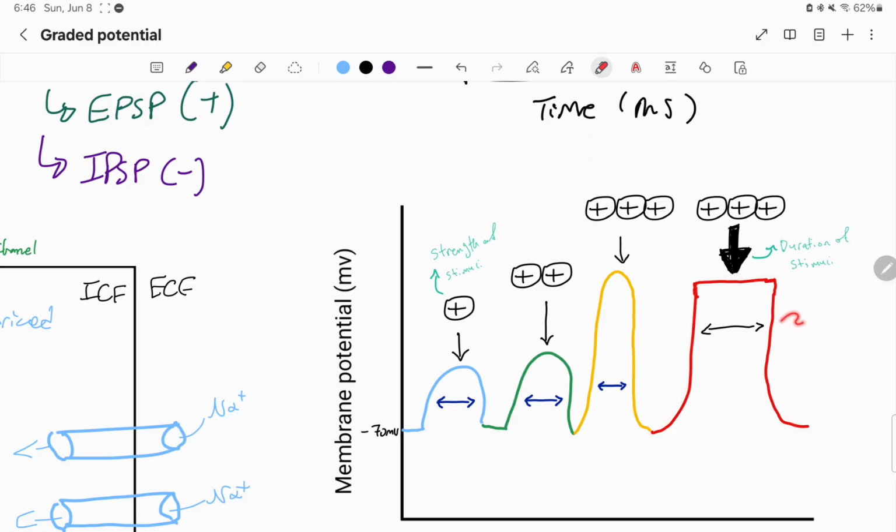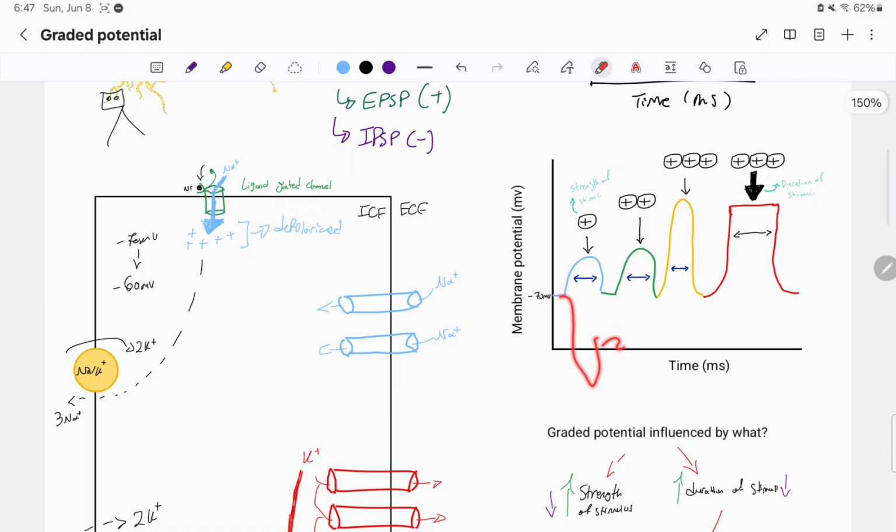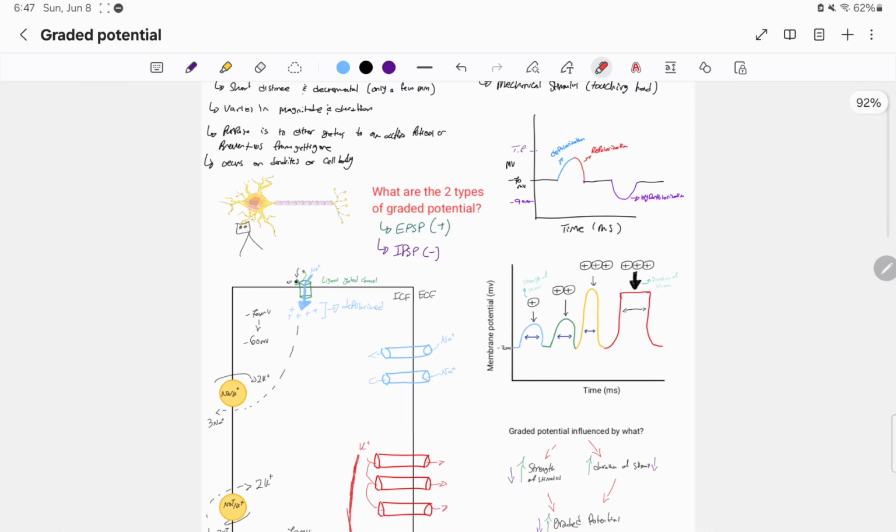And I'll tell you this, if the duration of my graded potential is longer and its magnitude is larger, then the chances of me getting to threshold are much higher in this scenario, right? Because this scenario represents an EPSP. If it was the reverse scenario, where everything was going down, then the chances of me staying away from an action potential are also much higher because I'm much further away from threshold potential, right?